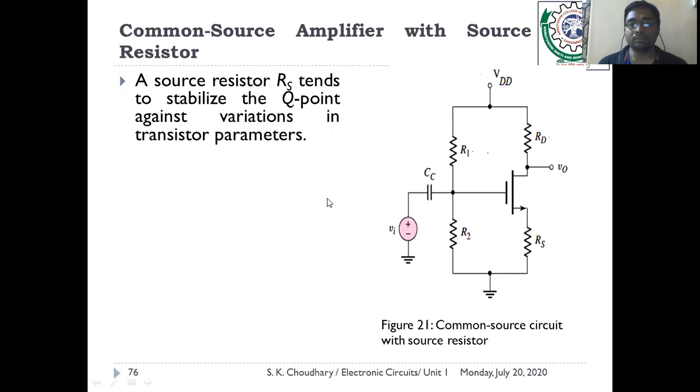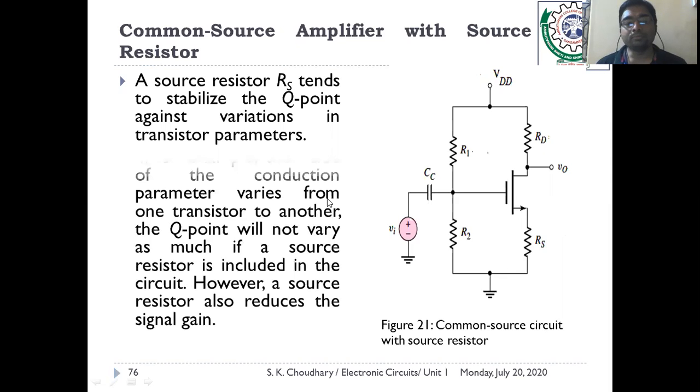It depends on the transistor parameters. Which kind of transistor parameter? If you see the transistor parameter in terms of the conduction parameter, capital Kn, that we have already defined, the conduction parameter varies from device to device.